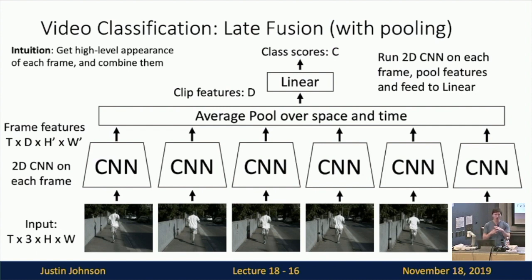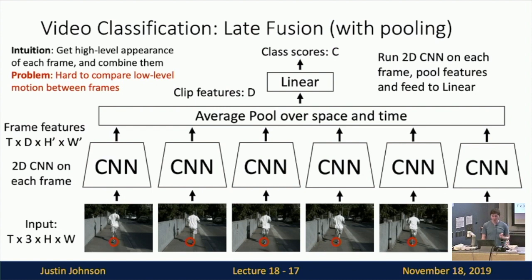So that will collapse out all the spatial information and all of the temporal information and leave us with just a D-dimensional vector that we can then apply a linear layer to get our final class scores. So this is, again, a fairly simple, straightforward approach that is easy to try. And this is, again, an example of late fusion, since we're doing all this independent modeling and then fusing all the temporal information very late in the classification architecture.